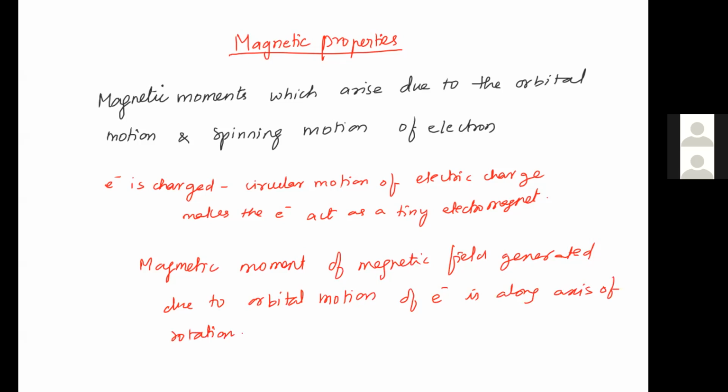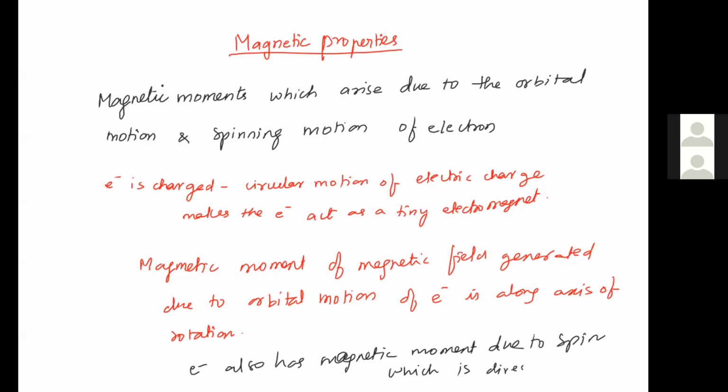So the electron also has magnetic moment due to spin, which is directed along the spin axis.